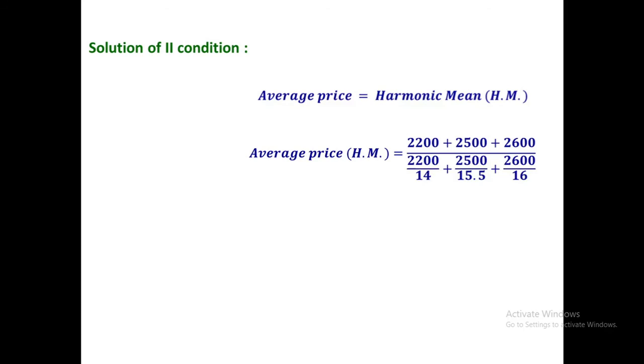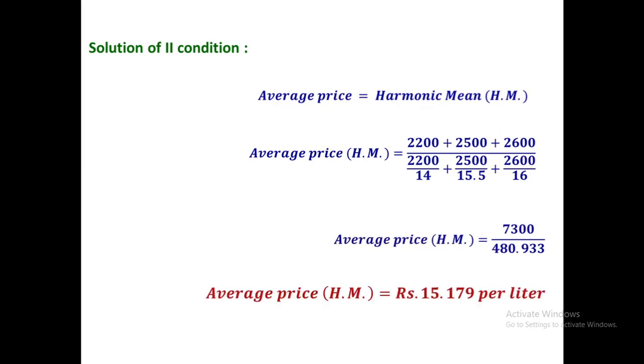After putting the values given in the problem in the harmonic mean formula, we can calculate the average price of petrol if a person is spending 2,200, 2,500 and 2,600 in 3 consecutive years. That will be equal to 15.179 rupees per liter.